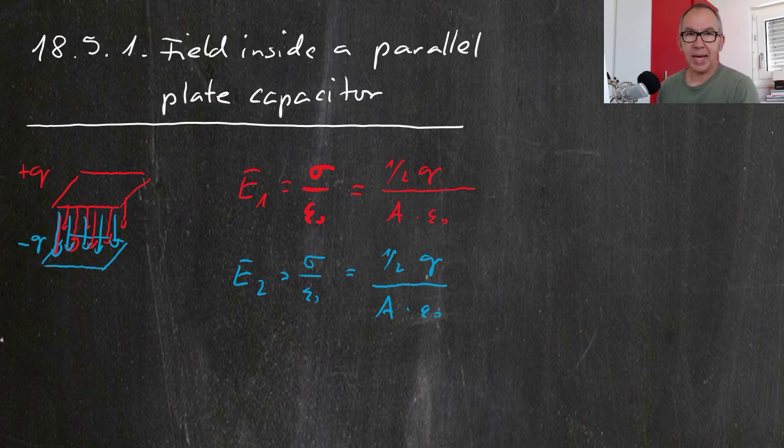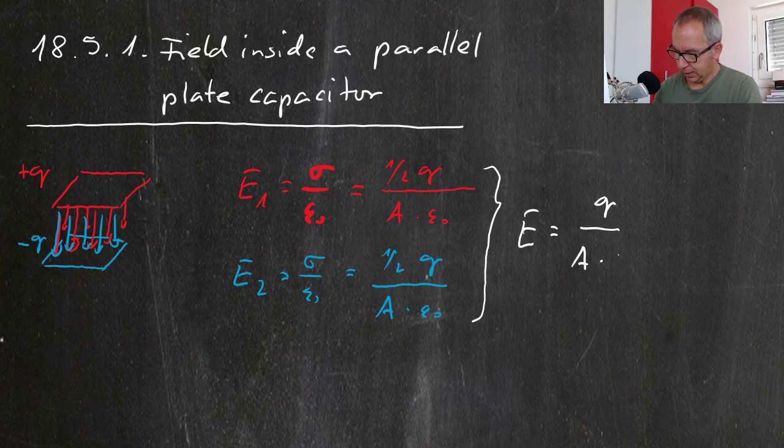We then can add these two electric fields because they're pointing both to the same direction. And we get the total electric field given as Q over A times epsilon 0. Note that Q is the charge that one of these plates has. The other one will be always charged with the same magnitude but opposite sign.